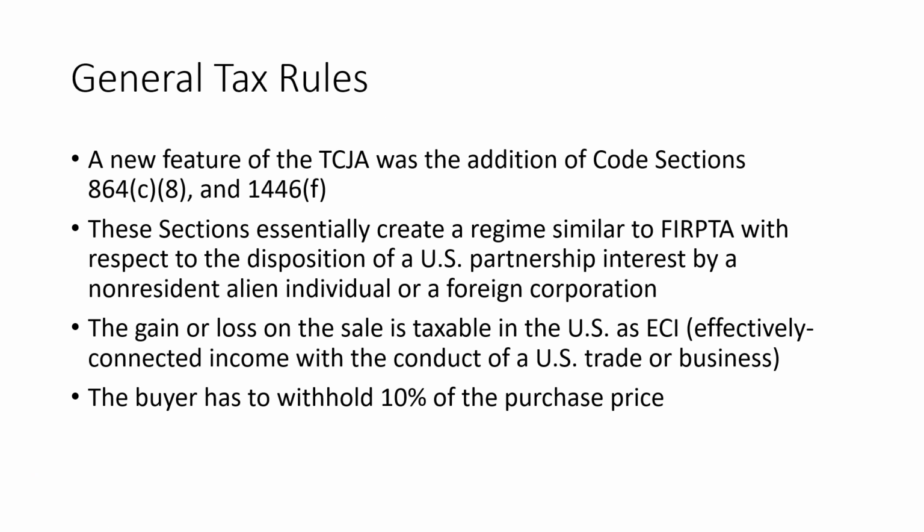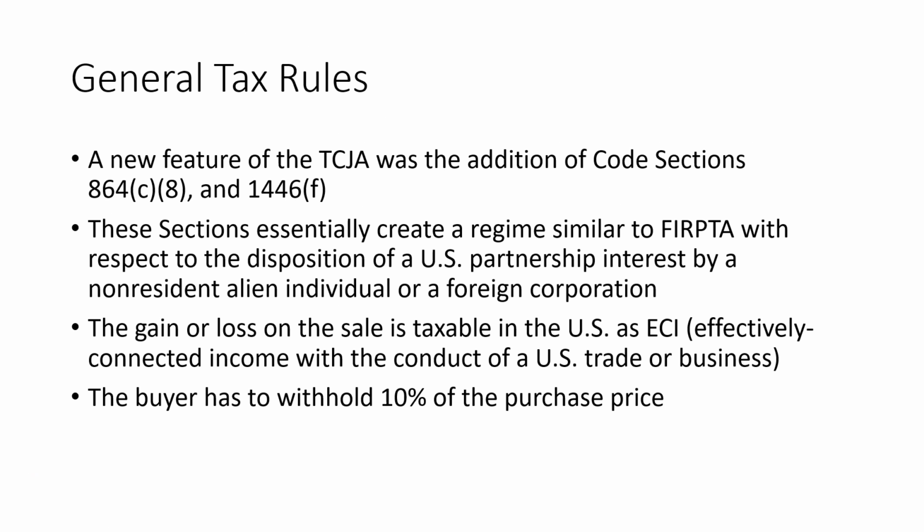Now, just to set the stage, the U.S. generally can't tax foreign persons unless those foreign persons receive U.S. source income. And the type of income that's usually subject to tax would be, one, portfolio income, which is things like interest, dividends, rents, royalties, those types of passive incomes.